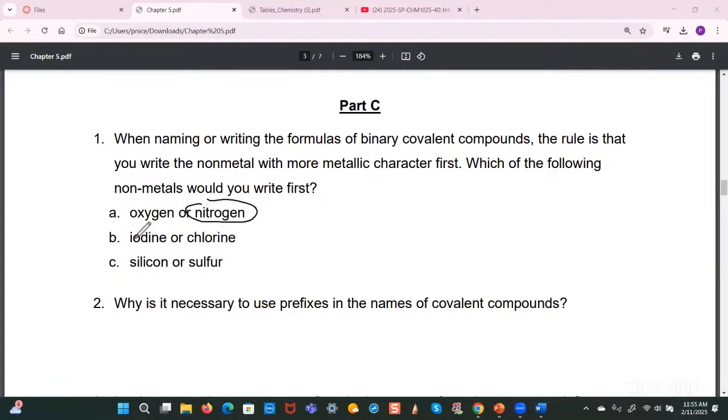Between these two, iodine and chlorine, which one is less electronegative? Iodine. Exactly. Okay, what about C, silicon or sulfur? Which one is less electronegative?